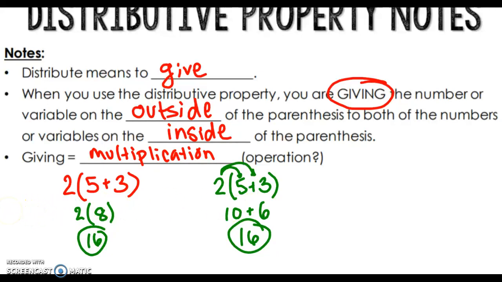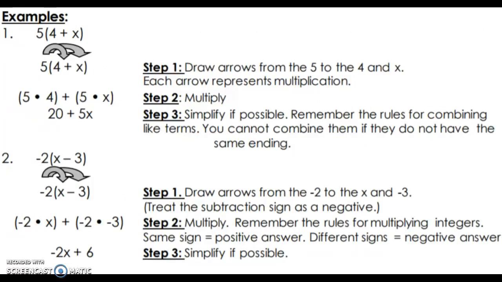So below these fill in the blank sections are some examples of what this looks like. And you see an example similar to what I just showed you, but this time there's an x involved. But you see here in step 1, and they even draw arrows too, that the 5 is being given to the 4 and the x. And so step 2 would be to multiply, and they show you what that multiplication step looks like here.